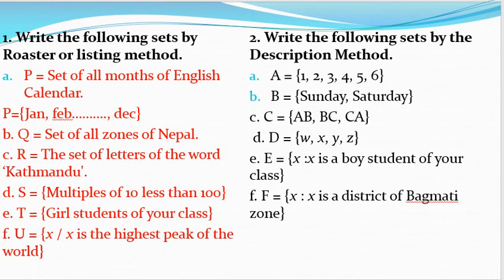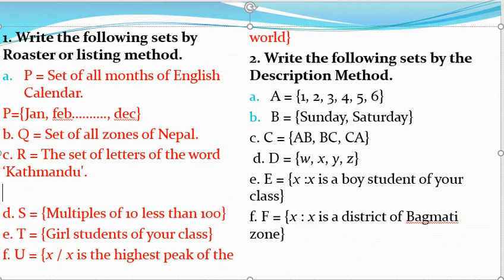Teacher, do we have to repeat or not? Is there any letter here that is repeated? A, no? A you should not repeat, okay? Because elements, if you write once, do not need to be repeated. So you just write the elements like this: K, comma, A, comma, T, comma, H, comma, M, comma, N, comma, D, comma, U. Understood now?